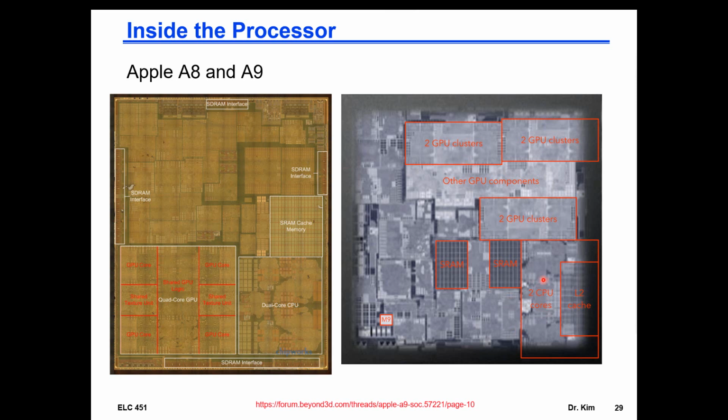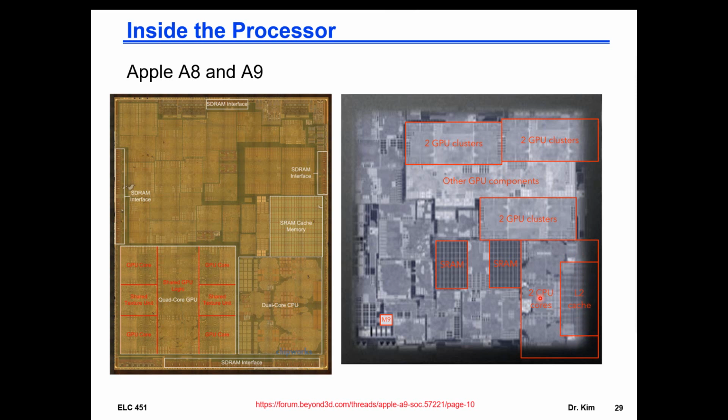Now you have 3 sets of 2 GPU clusters. So that is 6 GPUs and 2 CPUs, a total of 8 processors on a single chip. And you can see the level 2 cache over here, which the way that is floor planned is common to both cores, so it may be shared by both cores.